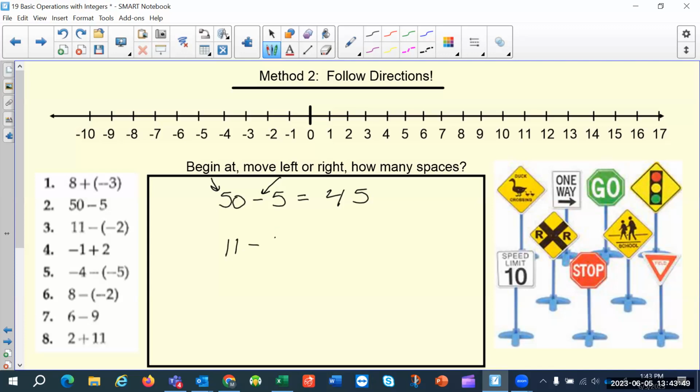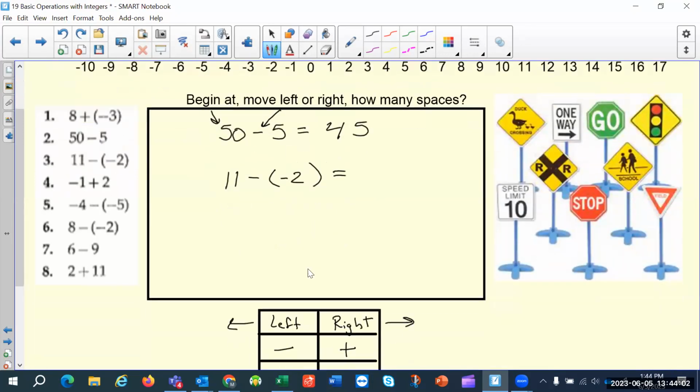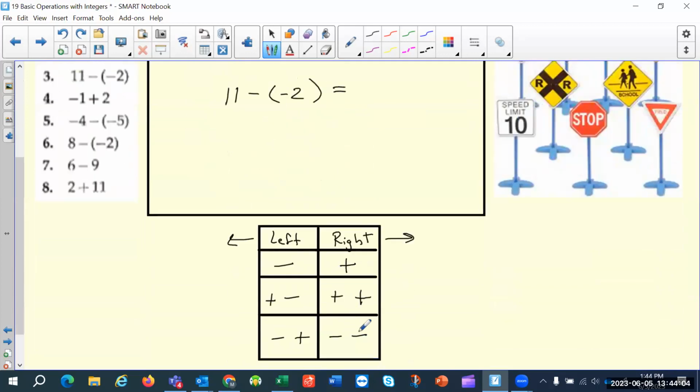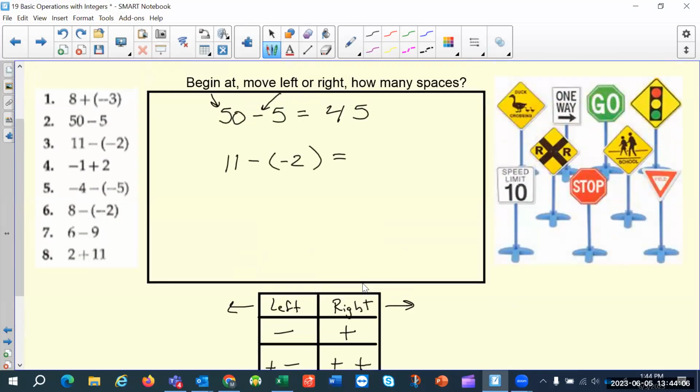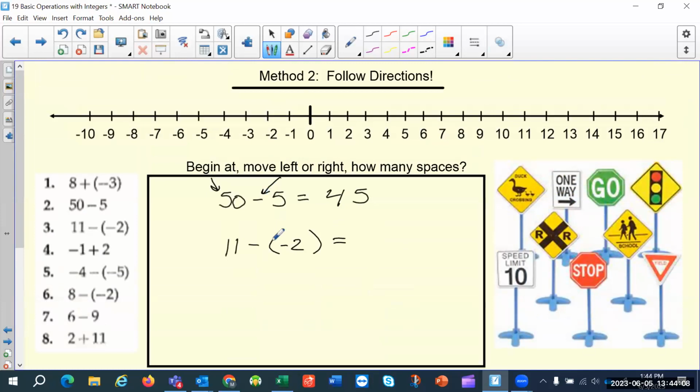Let's go to the next one though. 11 minus negative 2 is equal to. As soon as you see minus a negative, you immediately are going to change that to plus positive. It's just going to make your whole life easier. You see minus and negative, two negative signs directly next to each other.